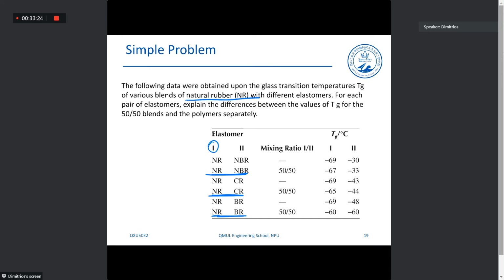The 50-50 blends of natural rubber. We have only one answer from 200 people. Come on. Two answers, come on. I need a couple more.